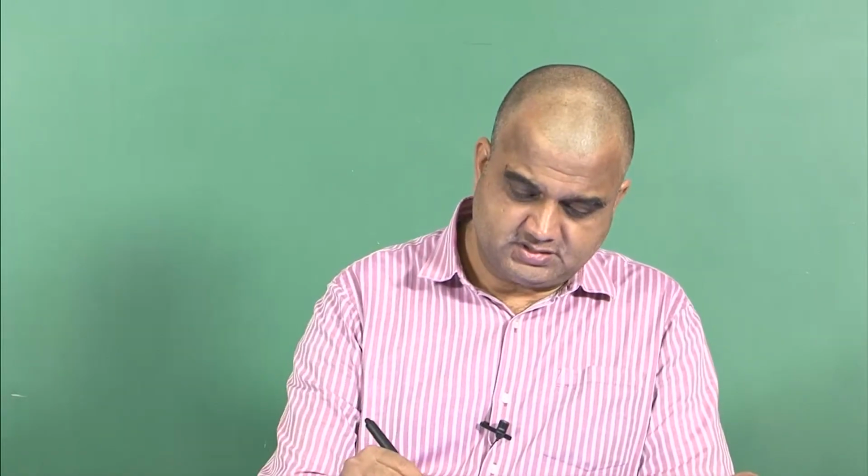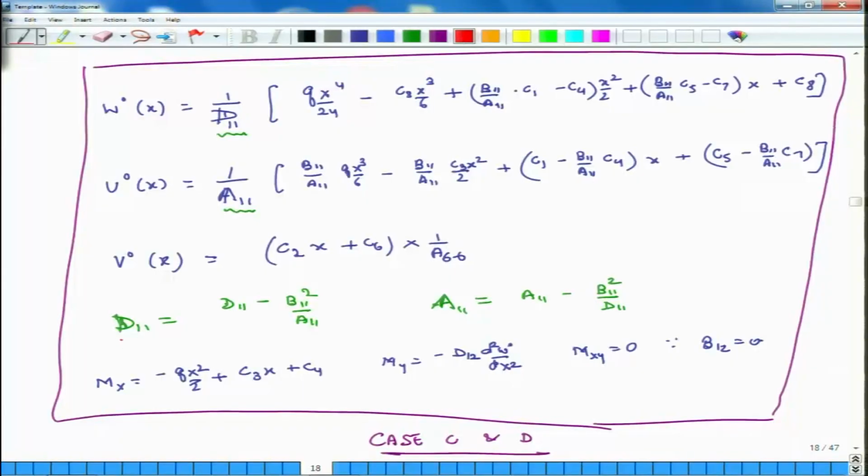2 more points. This term, script D11, is called reduced bending stiffness. Why is it reduced bending stiffness?